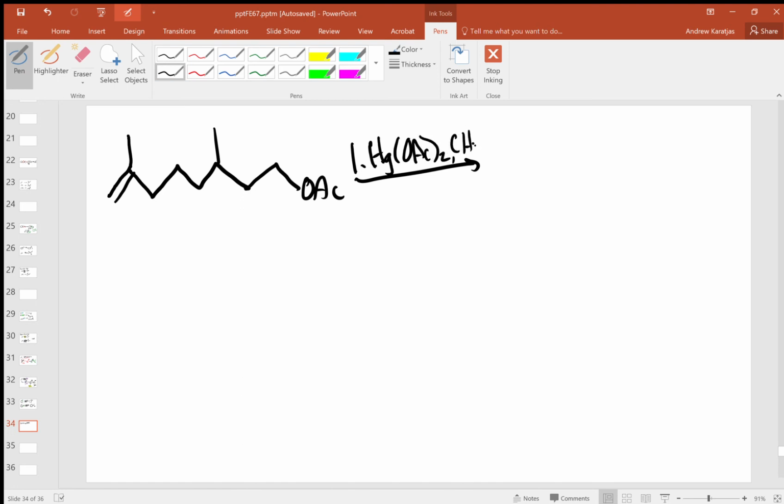So we're making an ether. And specifically, again, this is our alkene that's reacting, and so the reaction will take place at the more substituted carbon. That's where we'll make our ether. So our product has this O-methyl from the methanol.